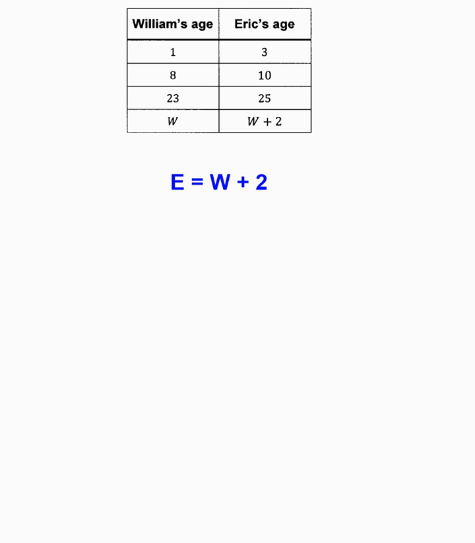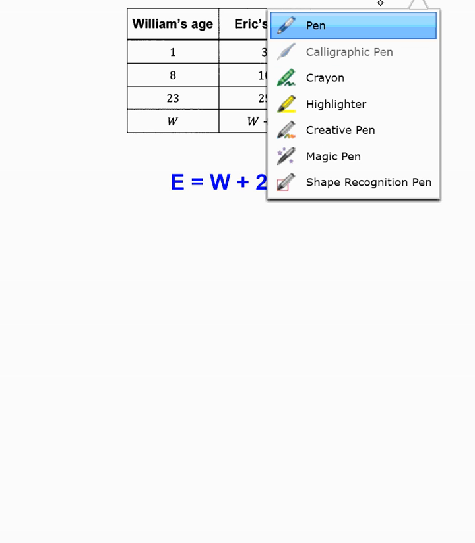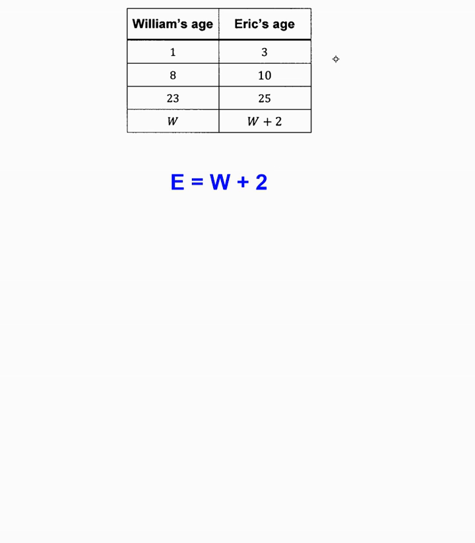So here's another example. We have two people, William and Eric, and a relationship between their age. So if you look at this, when William was 1, Eric was 3.